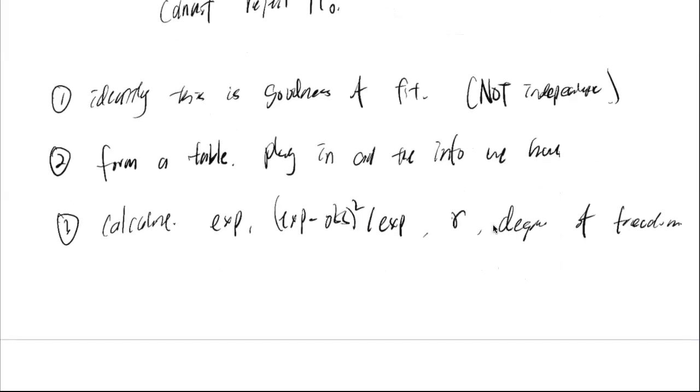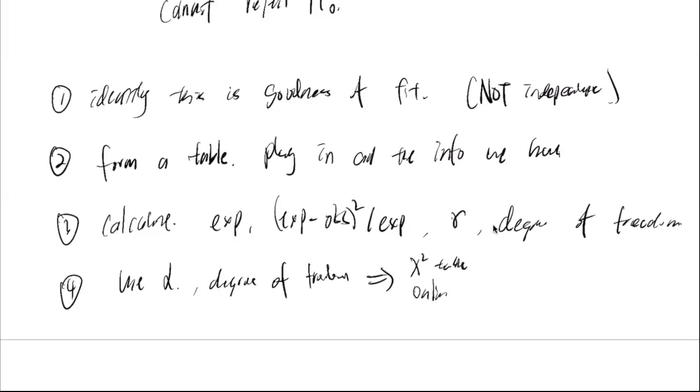This can be calculated from the given data. Then we use the significance level and degrees of freedom and plug them into a chi-square table or online applet to find the critical value.